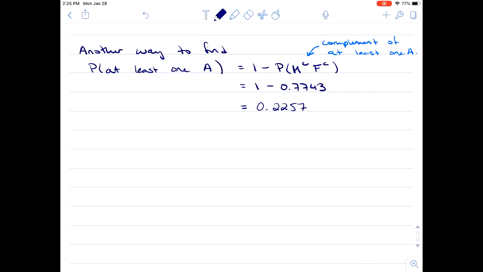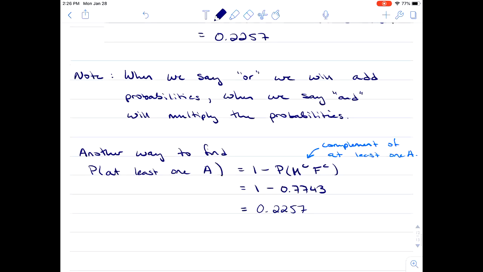Just makes it easier. So just getting used to thinking about it that way, right? It could just be all the probabilities that you want added up, or 1 minus the one that you don't want, pull it out of the probability. So, any questions about that one?